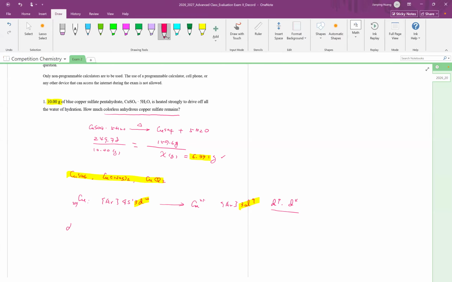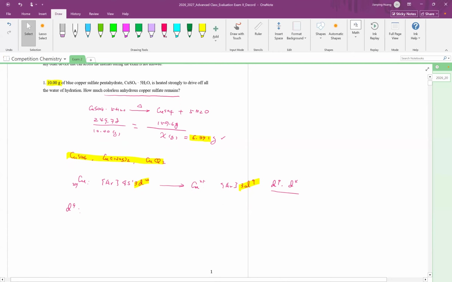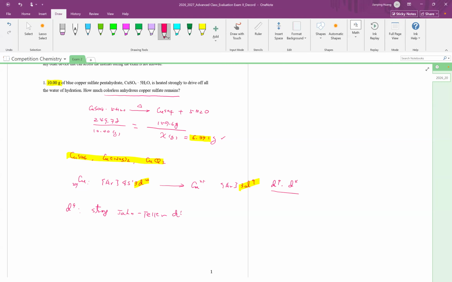D9, anyone can tell me something? That one will have a very strong Jahn-Teller distortion. Very strong distortion.